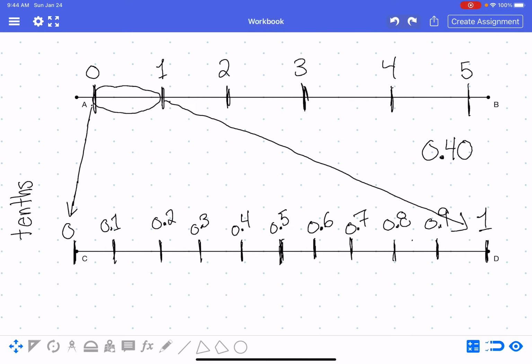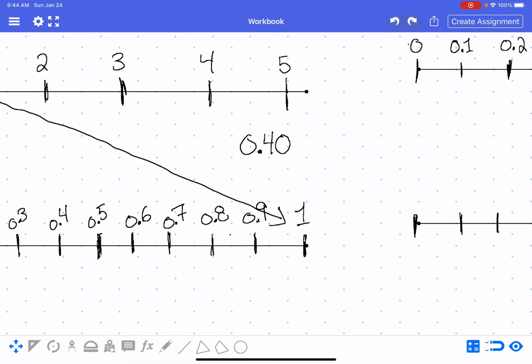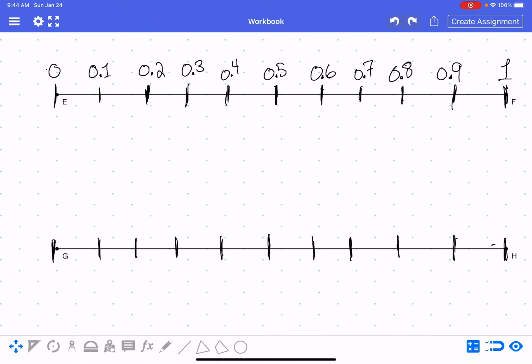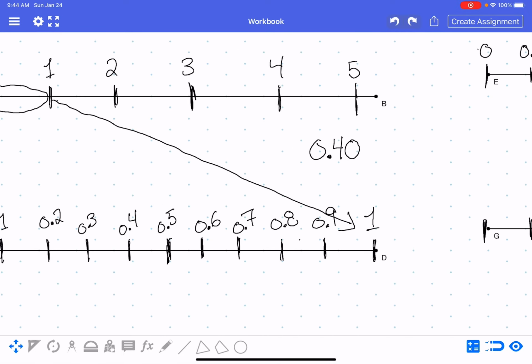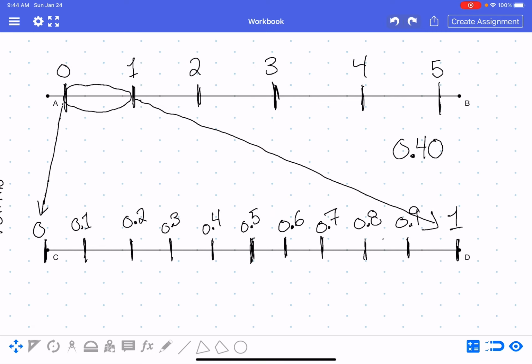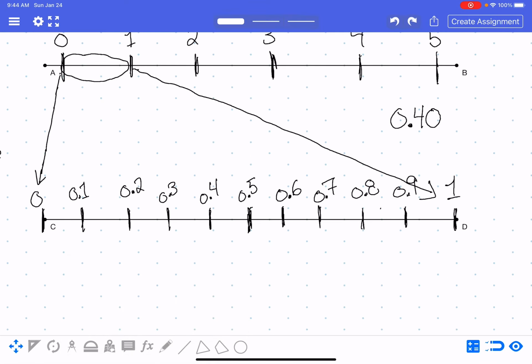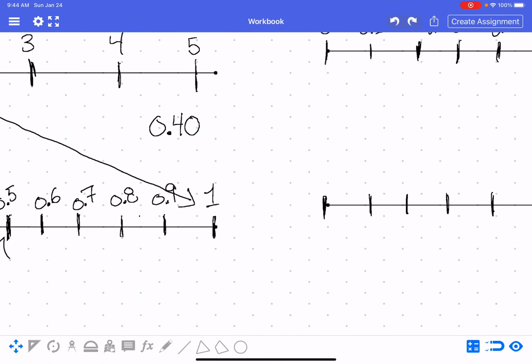I'm going to move the screen over, and we're going to keep one number line, the one where we had the tenths. This number line is at the top this time.